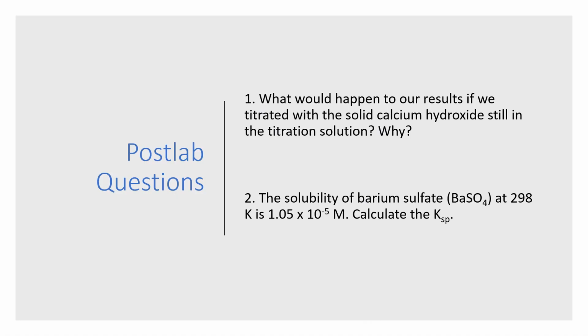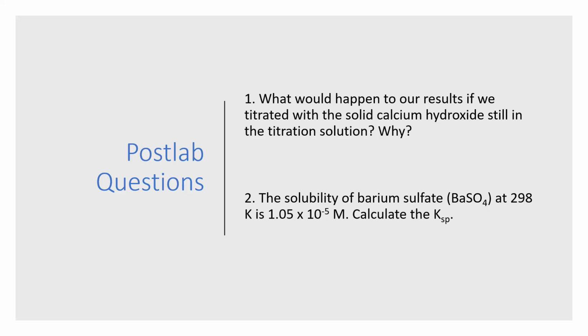You have 2 post-lab questions, which you will find on your handout. Number 1, what would happen to our results if we titrated with solid calcium hydroxide still in the titration solution, and why? And number 2, the solubility of barium sulfate at 298 Kelvin is 1.05 times 10 to the minus 5th molar. Calculate the Ksp.